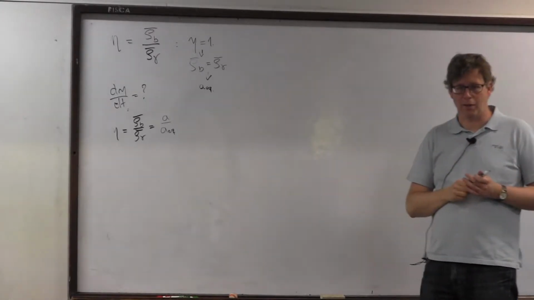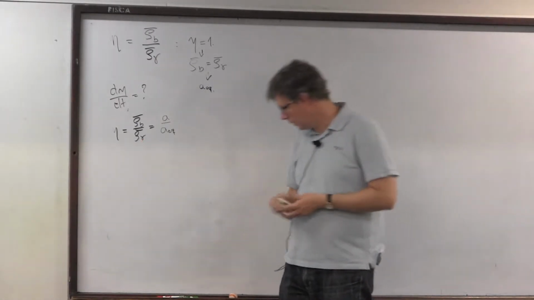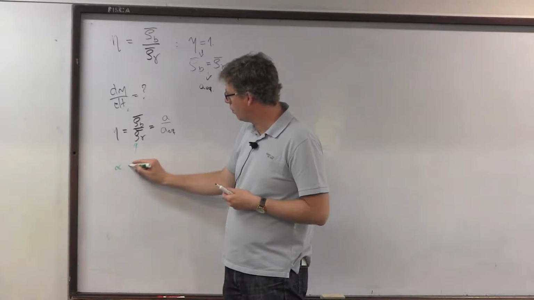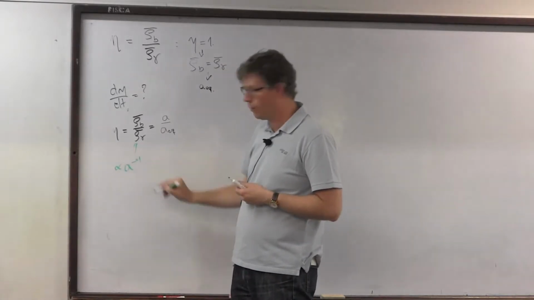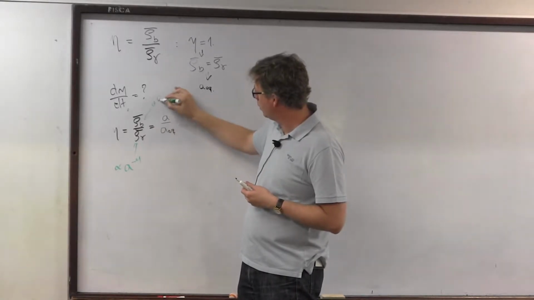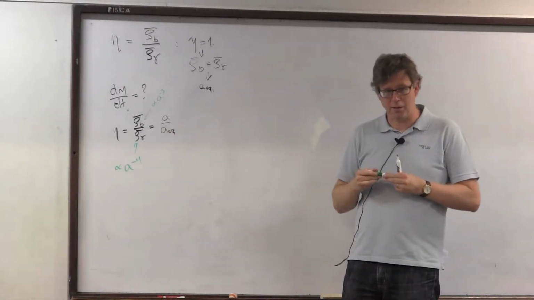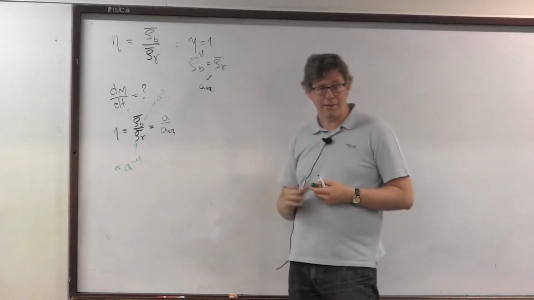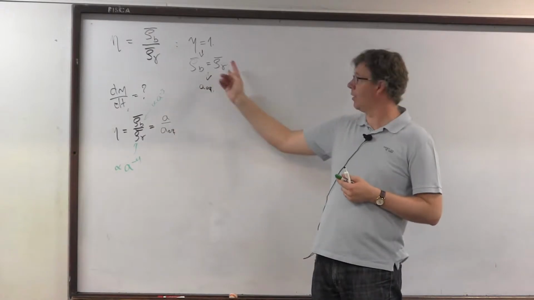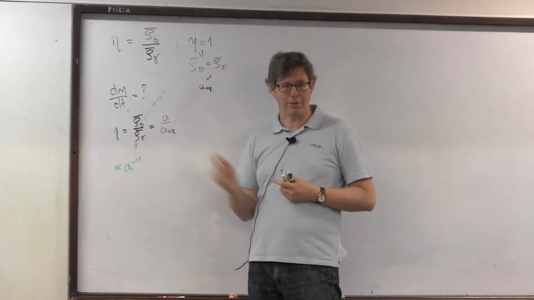So do you see that that's how it is? Because this depends on A. This is proportional to A to minus 4, and this is proportional to A to minus 3. And so when you combine the two, you get A, and it's normalized so that it's 1 at the time of equality. So these two are equivalent. Which one I use is the same. It's part of the trick.